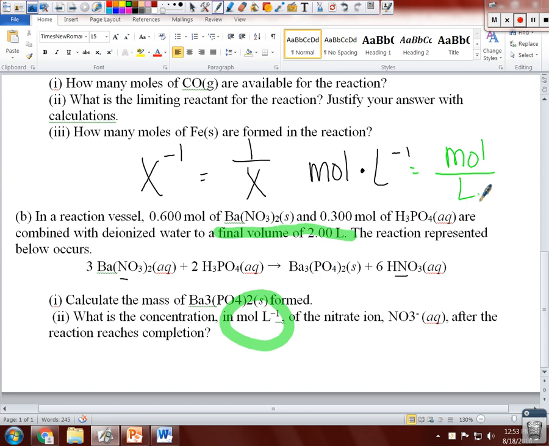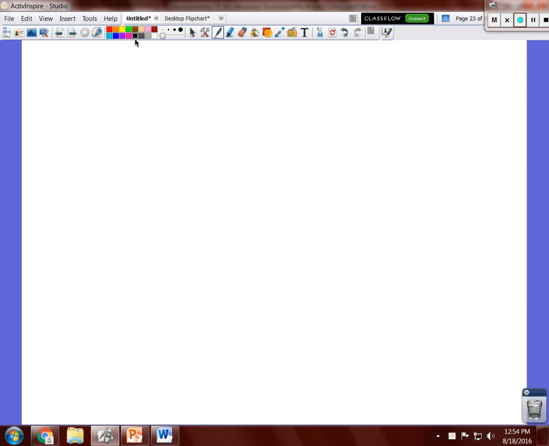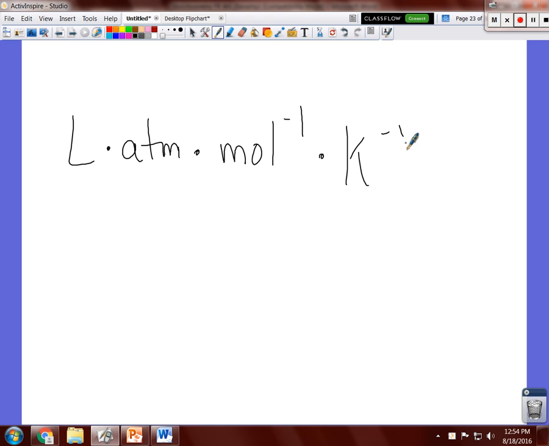Can I show you something else? As a matter of fact, it's on that constants sheet that you guys have been using. When you look at the R, it's liters times atmospheres times mole to the negative 1 times Kelvin to the negative 1. That's how it's written on that sheet. And let me tell you why they do it this way. It's because if you're typing this up in a digital document format, it is really hard to make it a fraction.